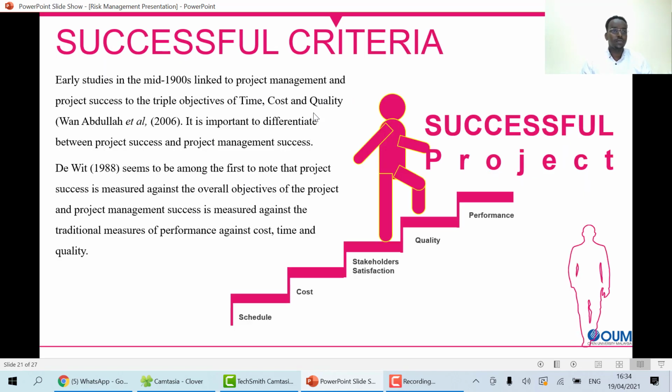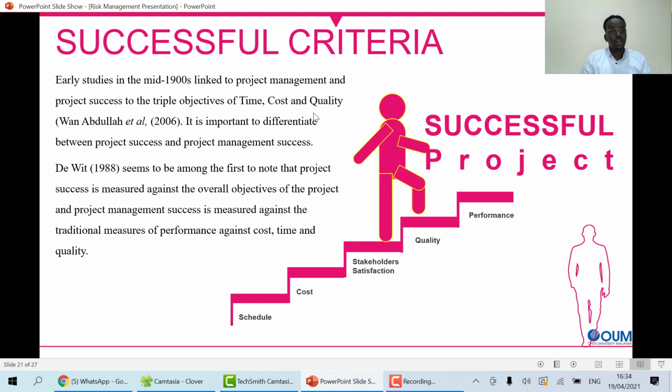Success criteria. Early studies in the mid-90s linked project success to the triple objectives of time, cost, and quality. As Abdullah et al. 2006 claim, it's important to differentiate between project success and project management success.